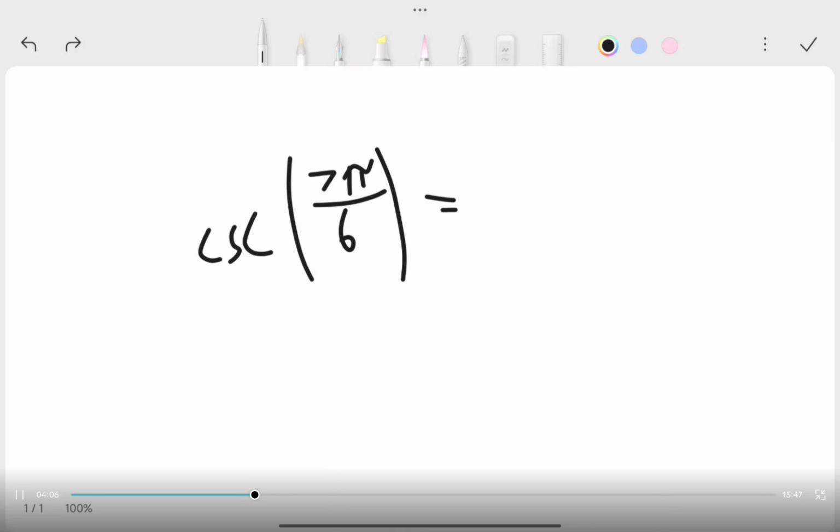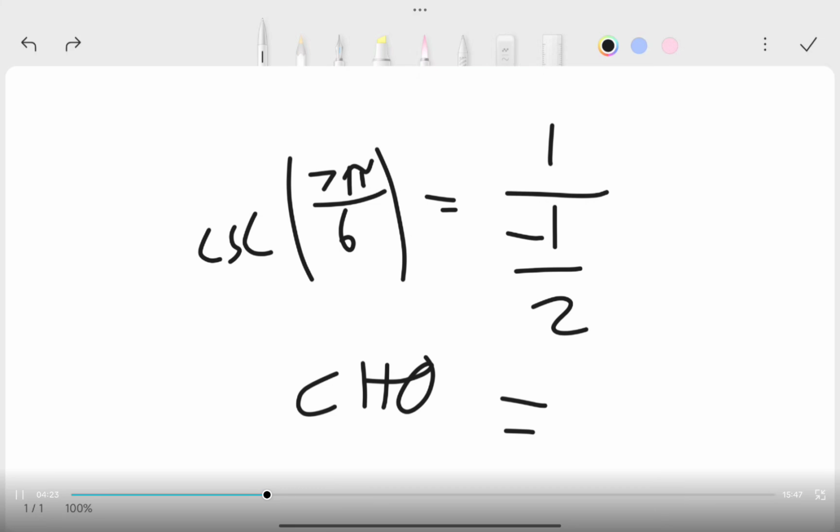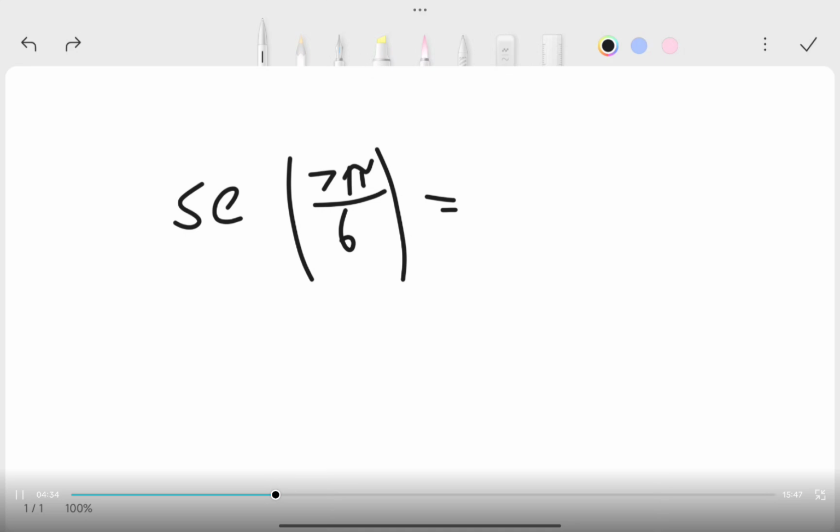So let's proceed to our cosecant. Cosecant, also known as the reciprocal of sine, is the hypotenuse over opposite. So our hypotenuse is 1, our opposite is negative 1/2. So the value of cosecant is negative 2. So next is the secant, or the reciprocal of cosine.